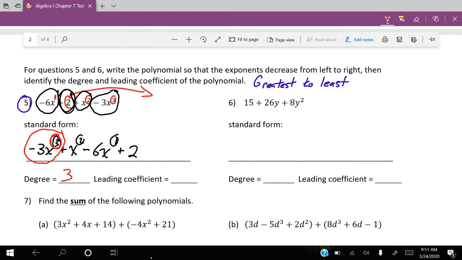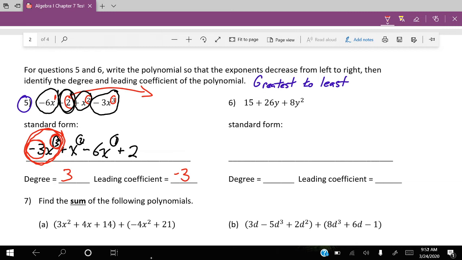The leading coefficient is the number in front of our leading term. So our leading term is negative 3x to the third. The number in front of it happens to be negative 3, so we're just going to write negative 3. That is all degree and leading coefficient are. There's no tricks. There is no gotcha moments. It is literally just that.